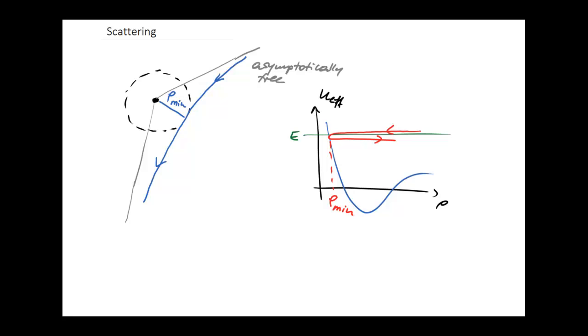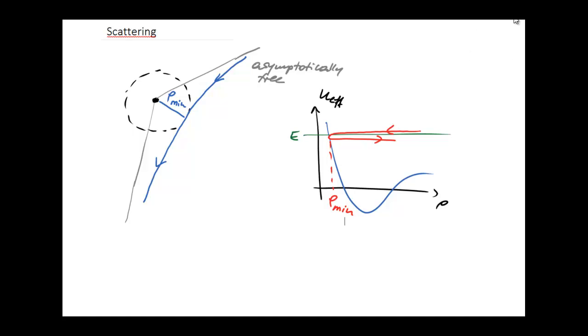You want to understand the interaction between particles, and what you do is that you shoot particles on a target, on other particles, and they are scattered off. You measure the distribution of scattering angles, and then you try to infer from that distribution something about the potential, and that is the forces between these two particles.